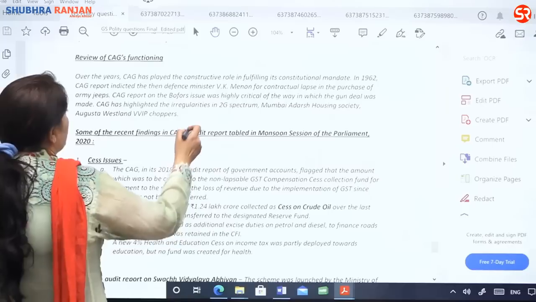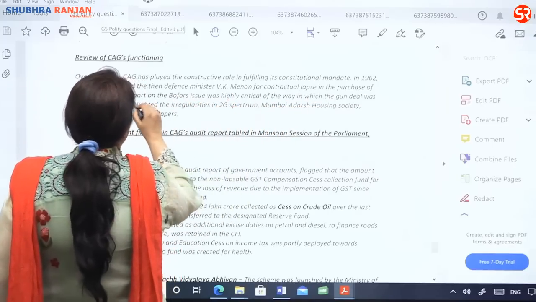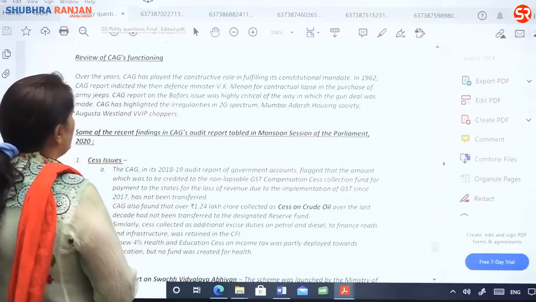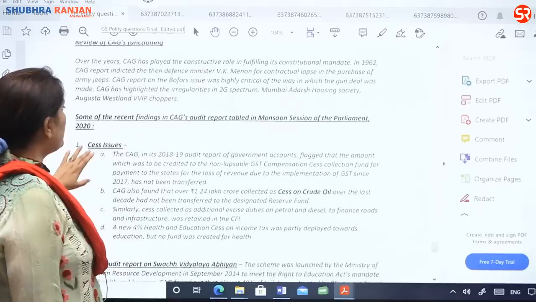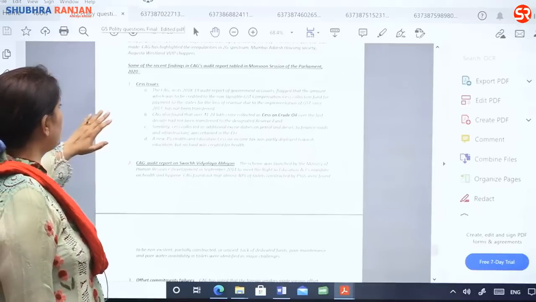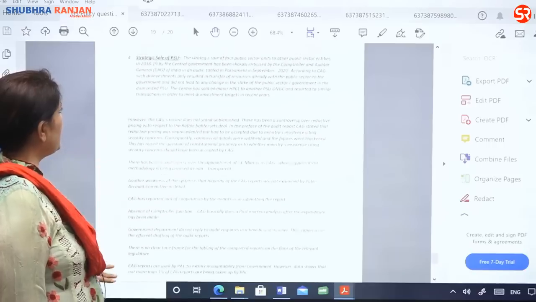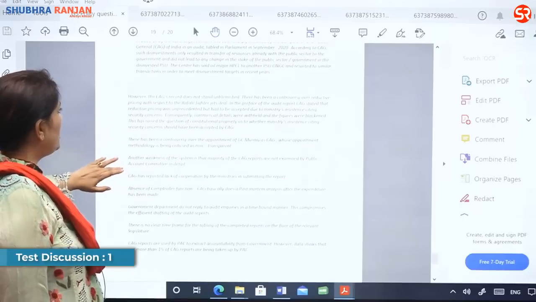A CAG report indicted Defence Minister V.K. Menon for contractual lapses. CAG reports on Bofors, 2G Spectrum, Mumbai Adarsh Housing Society, Augusta Westland VVIP choppers. Some of the recent findings in CAG audits regarding the cess issue you must be aware of. Swachh Vidyalaya Abhiyan. You can read offset committees, strategic role of PSUs.